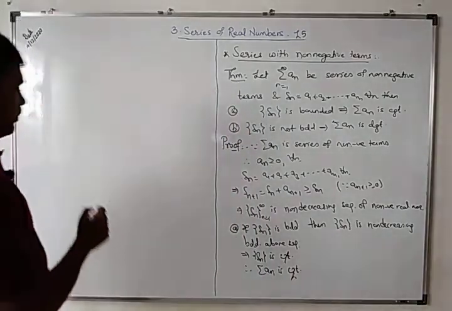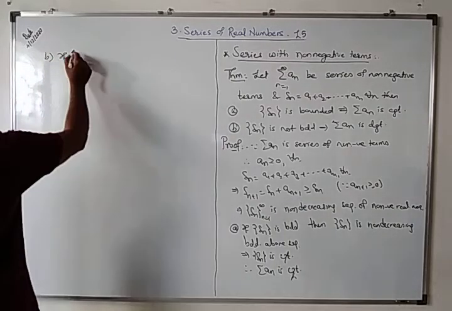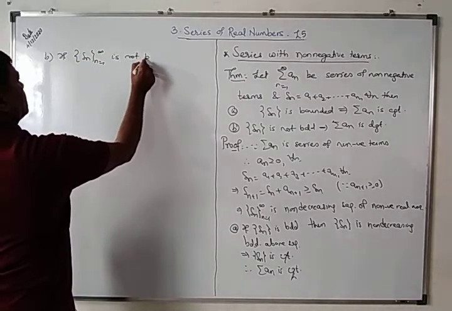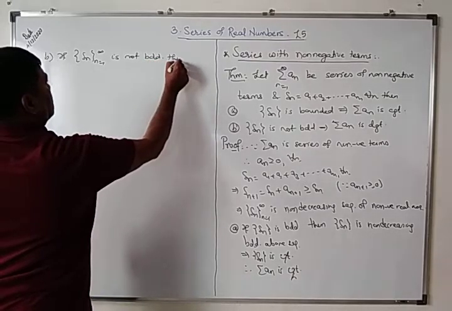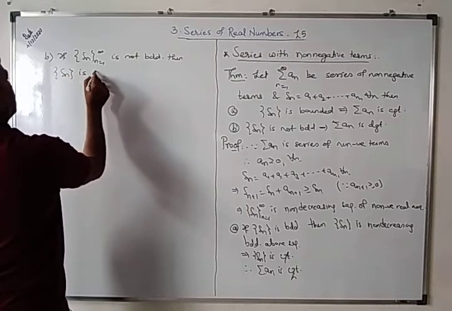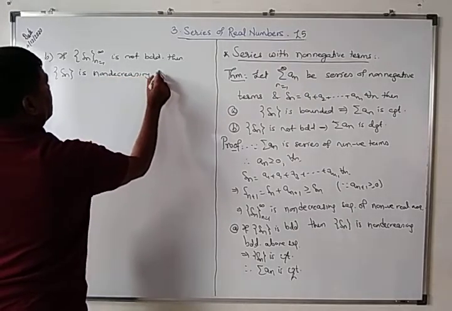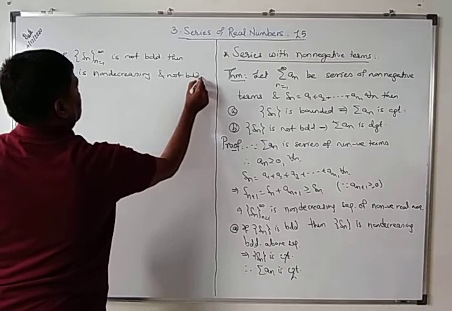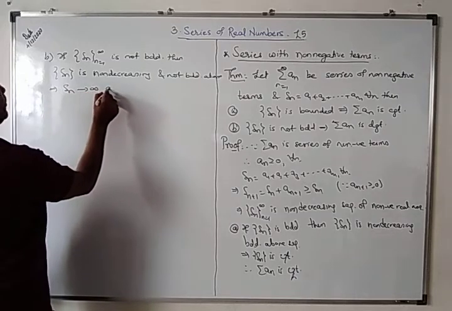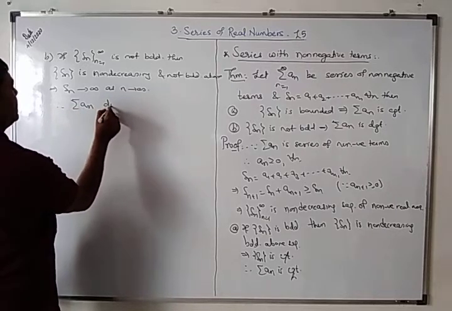Okay, B, if (S_n), n equal to 1 to infinity, is not bounded, then S_n is divergent. S_n is non-decreasing and not bounded above, which implies S_n tends to infinity as n tends to infinity, and therefore summation of a_n diverges to infinity.